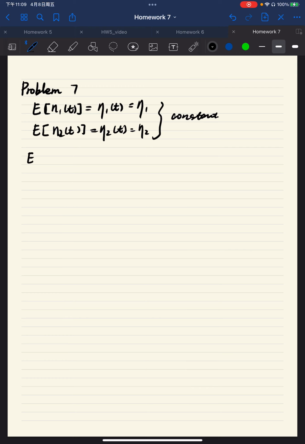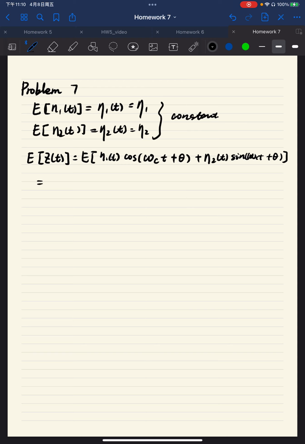the expected value of Z(t) is equal to the summation of them, which is N1(t) times cosine of omega c t plus theta, plus N2(t) times sine of omega c t plus theta.